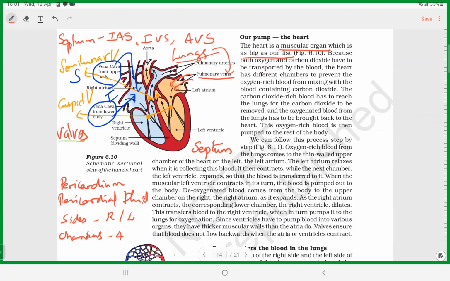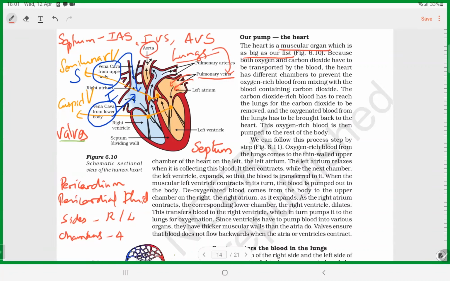Now, the exit point of the blood from the heart. See, from the left atrium, the oxygenated blood comes to the ventricle, left ventricle, and then through the semilunar valve. What is the exit point? Aorta.